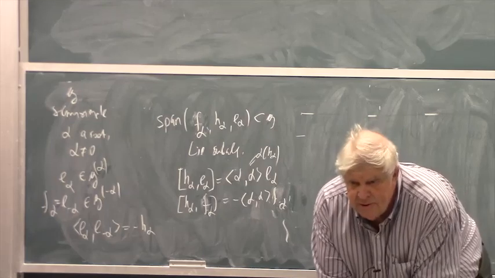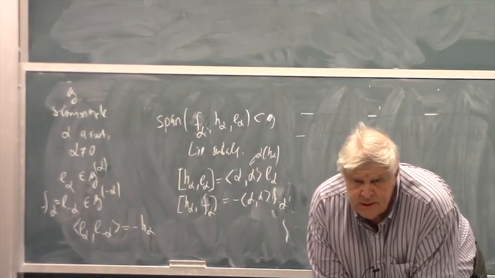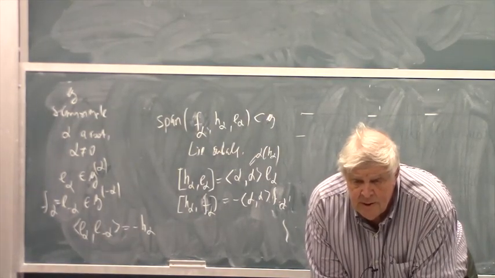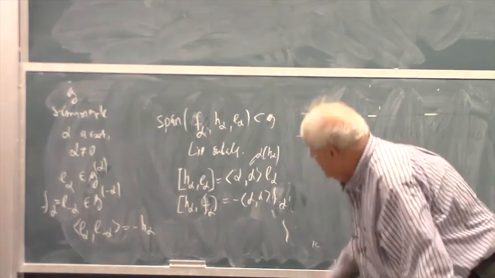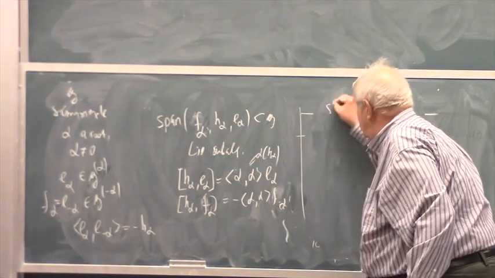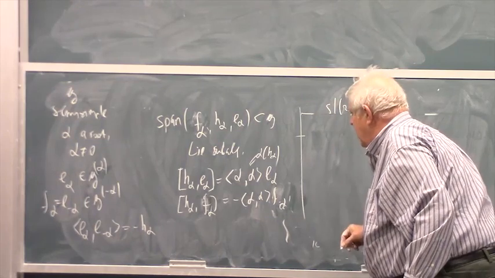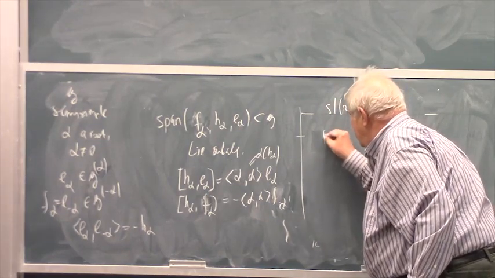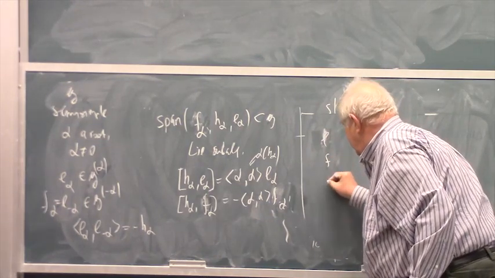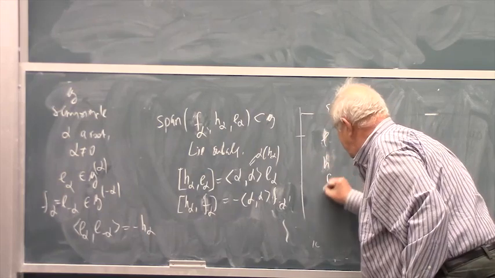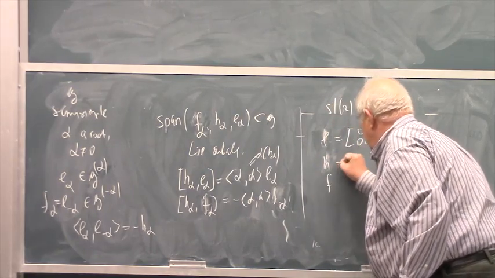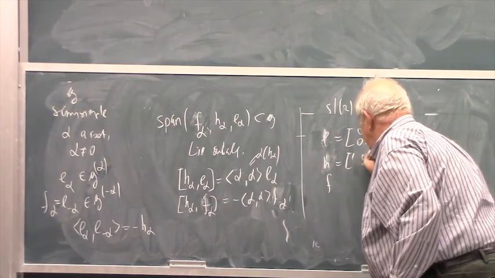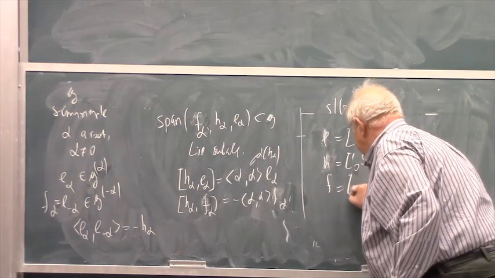Now, what is SL2? SL2 is the Lie algebra of 2x2 matrices with zero trace. It also has a basis. The basis consists of E, H and F, and E is this, H is this, and F is this.